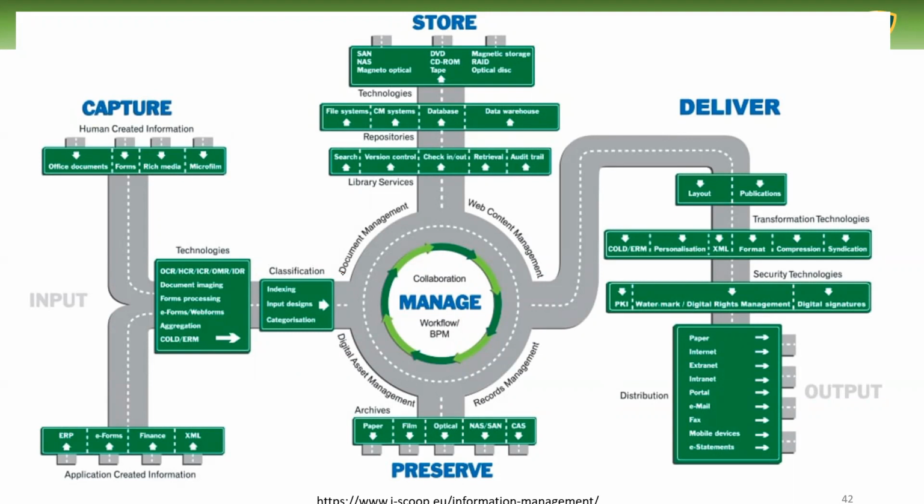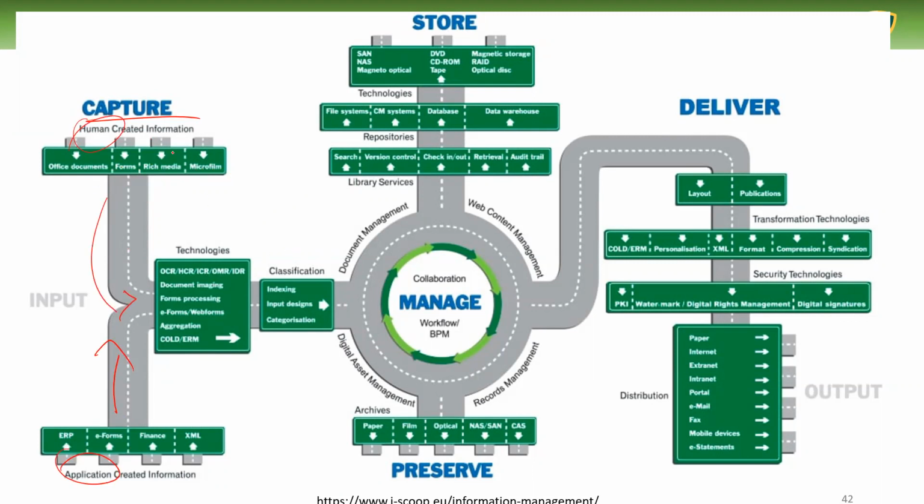I recommend you to take a look at it. iScoop information management is where I got this image, and you can see here on the capture side the different ways to capture human created information via forms that people fill out, via microfilm, via office documents that need to be scanned, via events, sensors that capture events in the environment. Or maybe from here, application created, see application created versus human created.